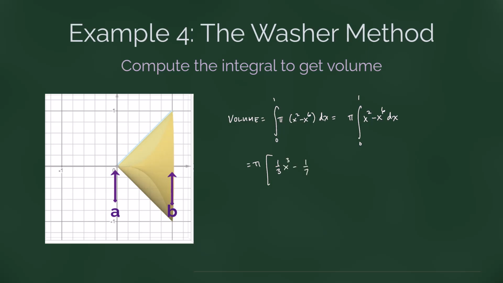Finding antiderivatives, we get pi times 1/3 x cubed minus 1/7 x to the seventh, evaluated from 0 to 1, which gives us pi times the quantity 1/3 minus 1/7. We'll get common denominators to get pi times 7/21 minus 3/21, which means that the volume of this solid is going to be 4 pi over 21 cubic units.